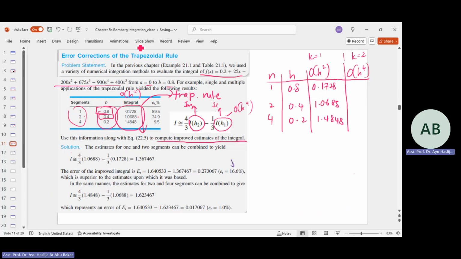Now include the value, the integration of I(h2), the more accurate one. So that's why it put I(h2) minus the integration which is less accurate.